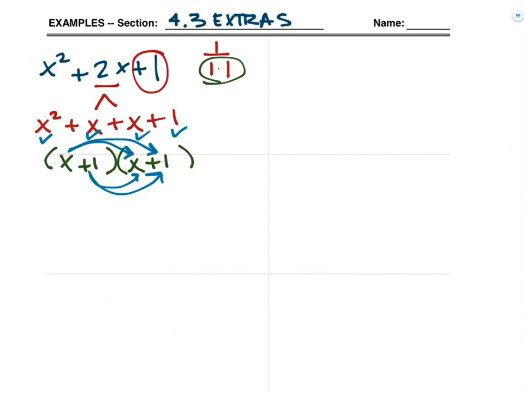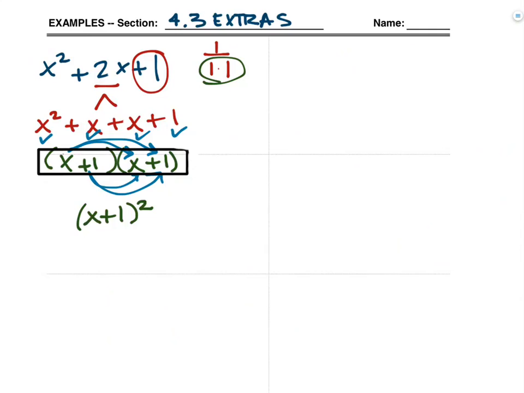And then if I go ahead and do this, I'm going to box in the answer. I'll maybe make that binomial come in just a hair for me. Okay, so we have the binomial x plus 1 times the binomial of x plus 1. This is another way of also writing x plus 1 squared.